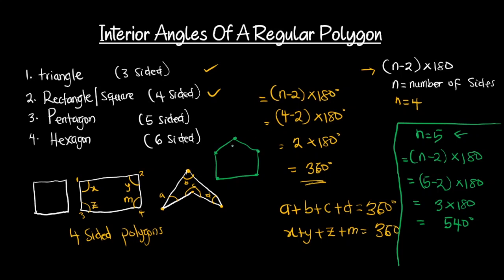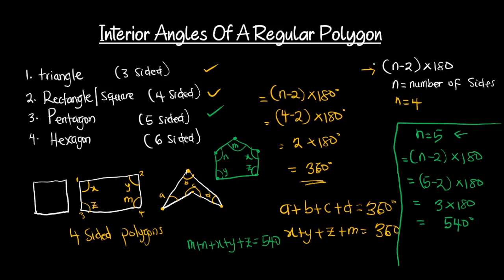So let's say this is my angle M, angle N, this is X, this is Y, and this is Z. What it means is that if I add all these angles, M plus N plus X plus Y plus Z should be equal to 540. Okay, that's the sum of all the interior angles of this particular polygon, which is a 5-sided polygon.